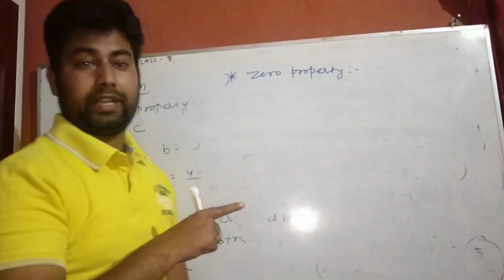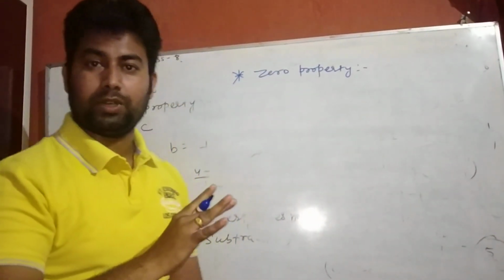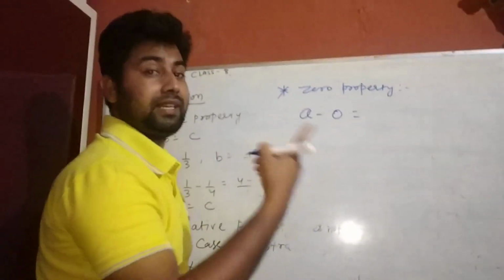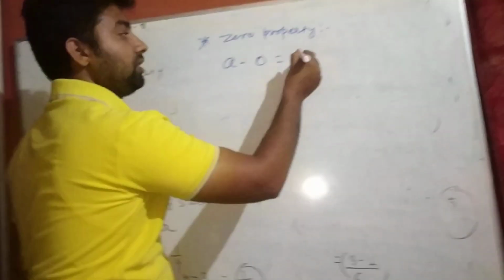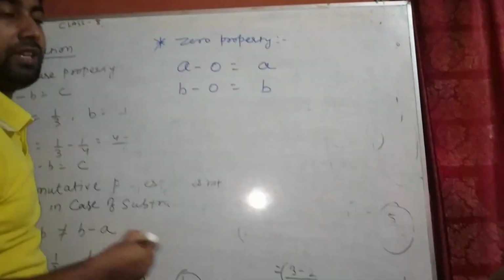Student, in this property, if we subtract 0 from any rational number, suppose a minus 0, the result will be the same rational number. b minus 0, the result will be the same.